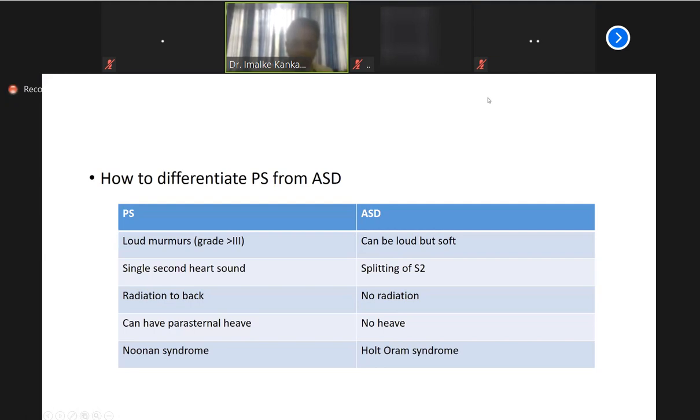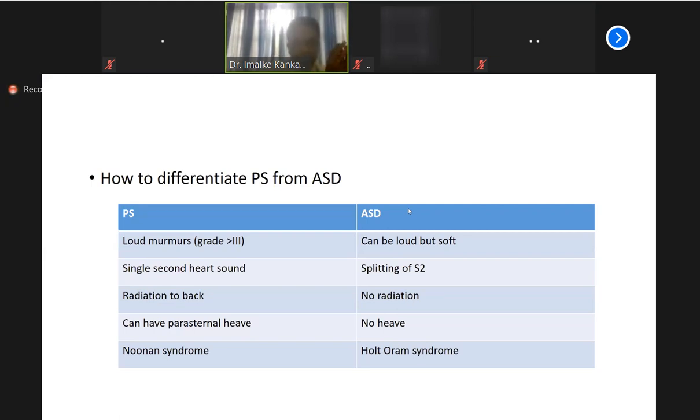Could you please repeat the pulmonary area again? So in the pulmonary area there could be three possibilities: one is ejection systolic, one is pansystolic, one is machinery. If it is machinery with a bounding peripheral pulse and the child is young, that's PDA.